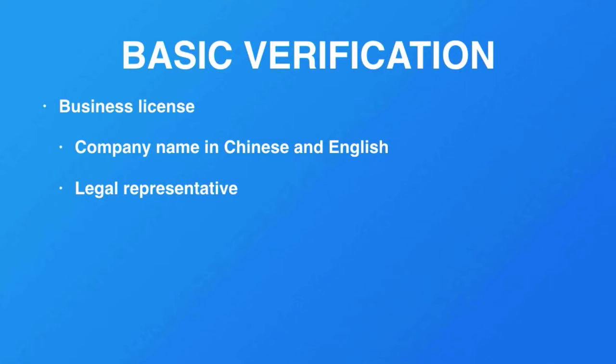The first thing you want to find out is who their legal representative is, and the next thing is you want to take down their registration number. Obviously, you will have all this information on the business license, and you want to find out what their business scope is, for example if they are a trading company or deal with electronics. In the Chinese business license, you will be able to see their business scope, and you can also learn about this from the local AIC, which is the Administration of Industrial and Commerce.